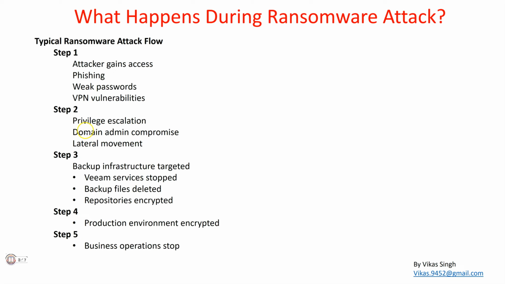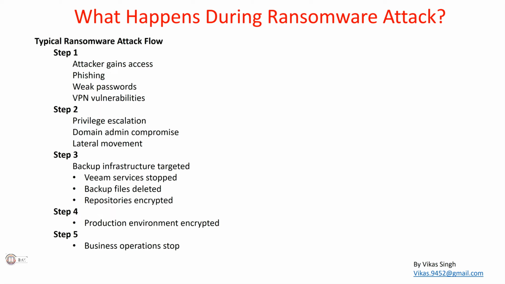Now the second step is privilege escalation. Once inside the network, the attacker starts moving in the environment. They try to steal credentials, escalate privileges, and compromise domain admin accounts. Now they gain administrative control over the environment.